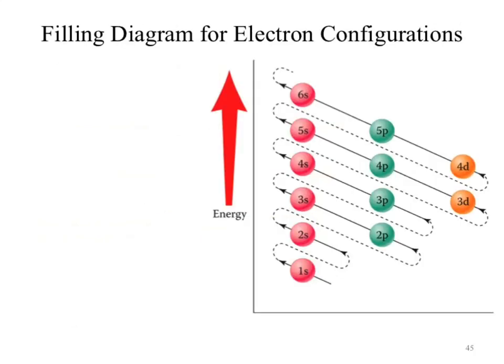You'll see this table show up. It's a filling diagram for how you go through and fill these, running through the exact same process we just went through, except I gave you a reason why we filled the 4s before the 3d. This figure just shows that that's what's happening, but it doesn't really explain why, because you'll notice the 3d is still shown at a lower energy than the 4s.